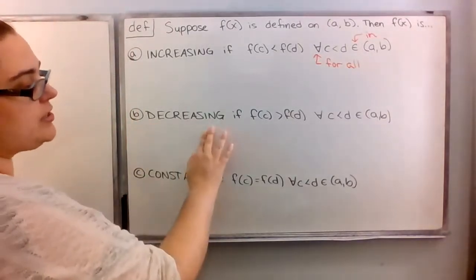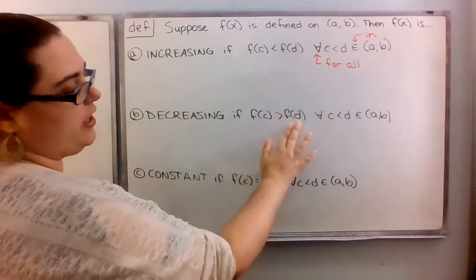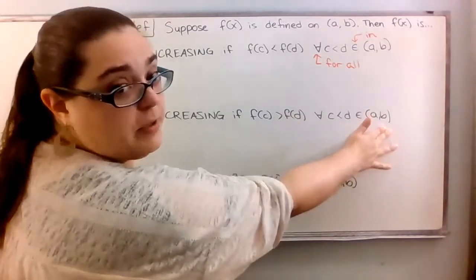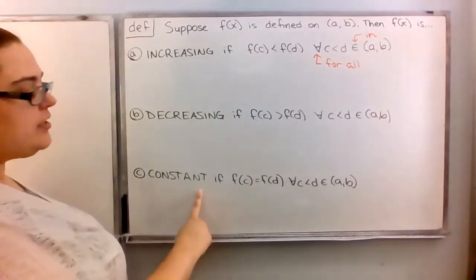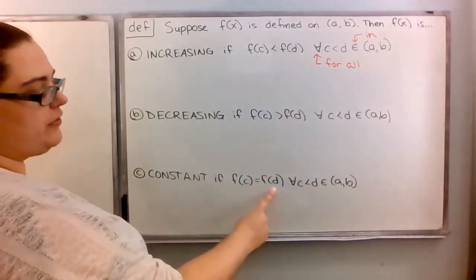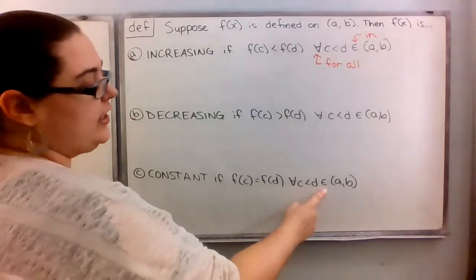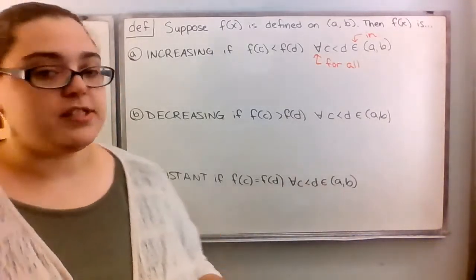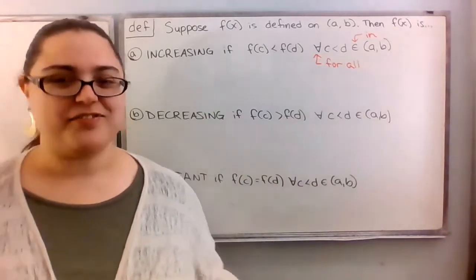A function is decreasing if f of c is bigger than f of d for all c less than d in this interval a to b. And we're a constant function if f of c is equal to f of d for all c less than d in this interval from a to b. So this is our formal definition for these concepts.